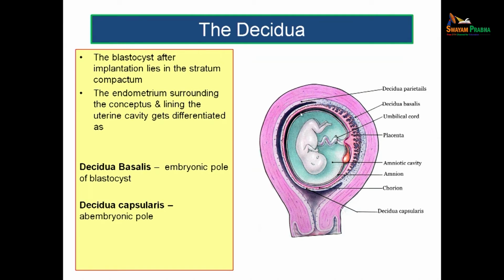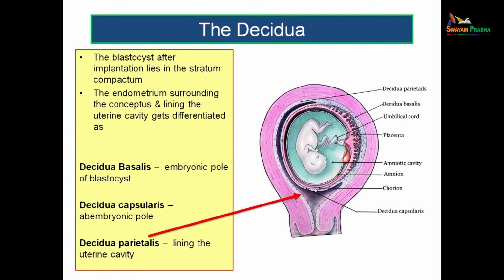So, it will be covered by a layer of endometrium other than the decidua basalis region. The part of the endometrium covering the entire fetus is known as decidua capsularis. The embryonic pole is the point of attachment where you get the development of the placenta, whereas the rest of the fetus is covered by the endometrium known as decidua capsularis.